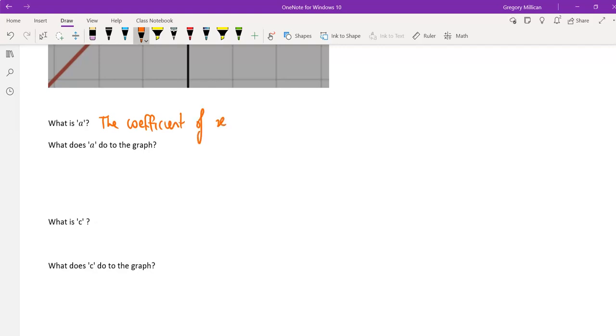We're talking about a linear function, so the highest power of X is going to be X to the power of 1. So A is the coefficient of that term, the coefficient of X.